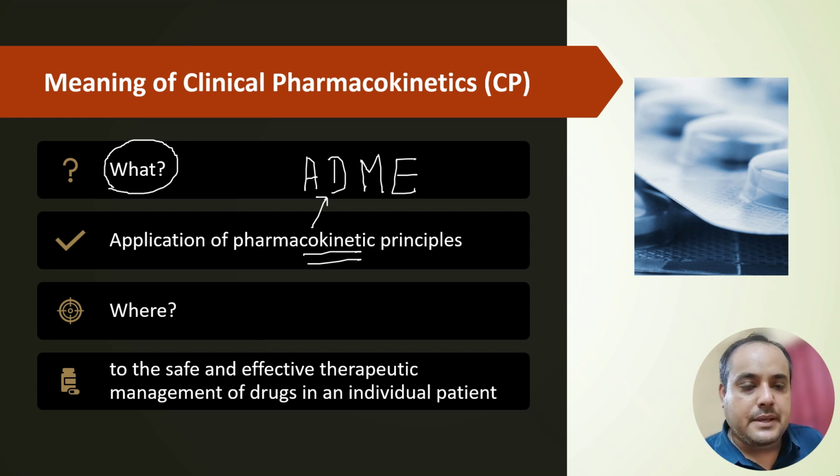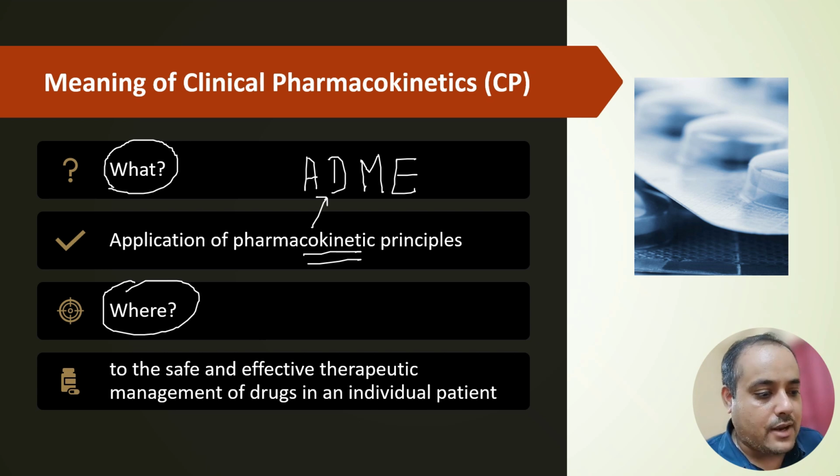And where are we going to apply it? In the safe and effective therapeutic management of drugs for an individual patient. So the definition of clinical pharmacokinetics is the application of the pharmacokinetic principles to the safe and effective therapeutic management of the drugs in an individual patient.